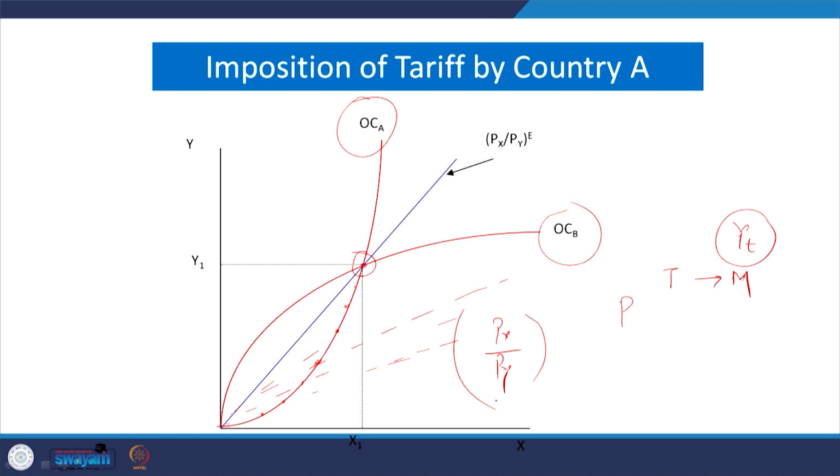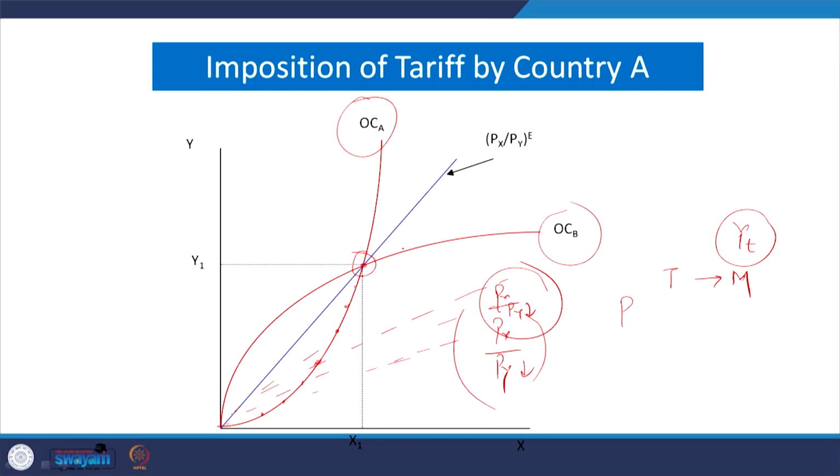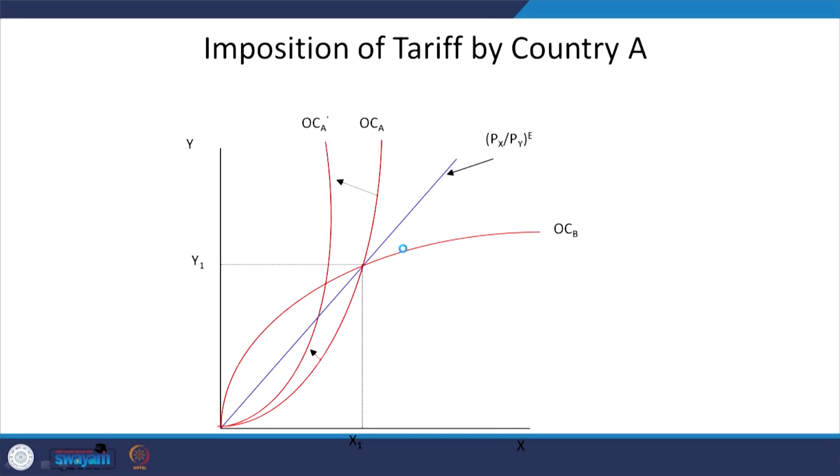So Py falls, given the export prices, and relatively the export prices to import prices, Px by Py, increase when there is a tariff imposed by nation A. Therefore, the price line changes and the offer curve will shift.